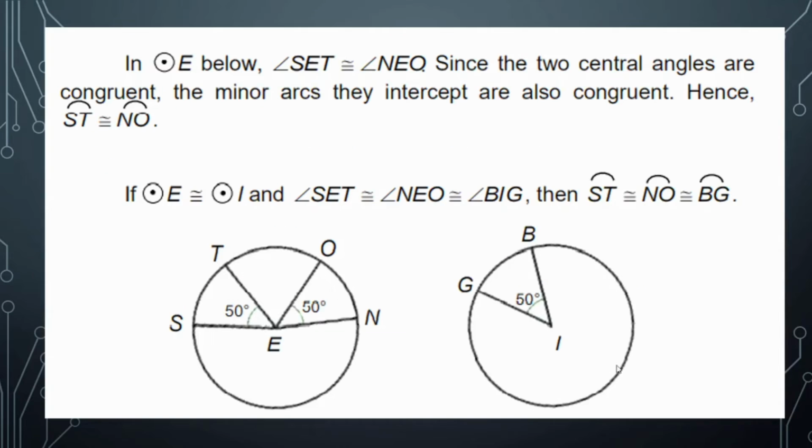In circle E below, angle SET is equal to 50 degrees and is congruent with angle NEO.